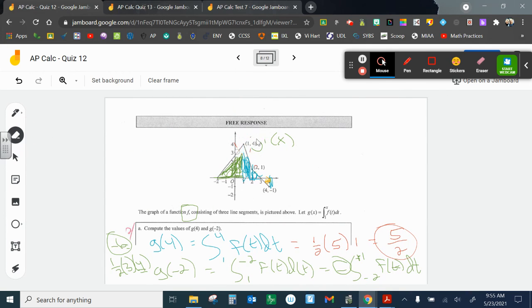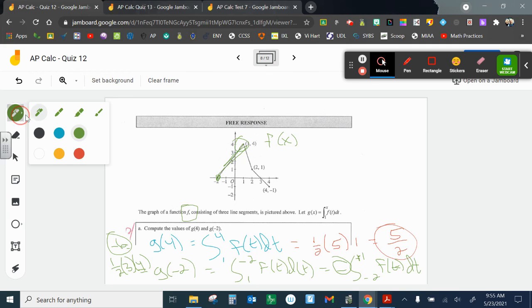So I come here, let me get rid of all the stuff. This is the graph of f of x. So I know f of x increases all the way from -2 to 1, and then it decreases here. And even though it changes how it decreases, it's still decreasing.